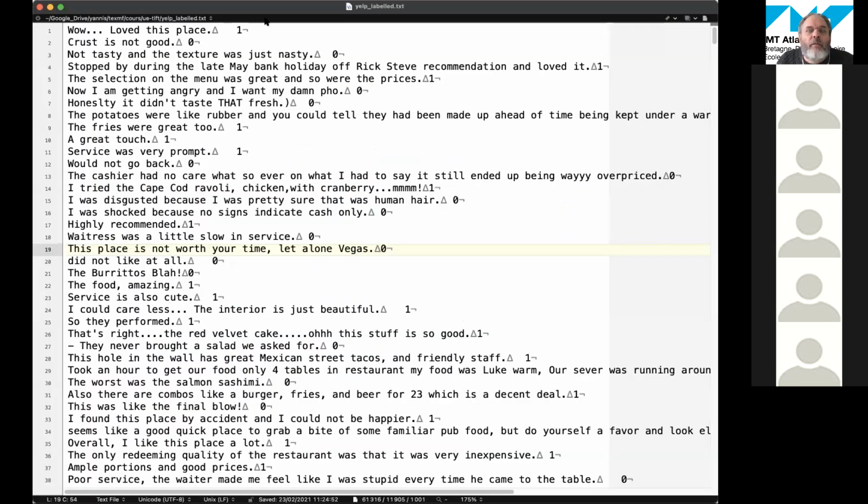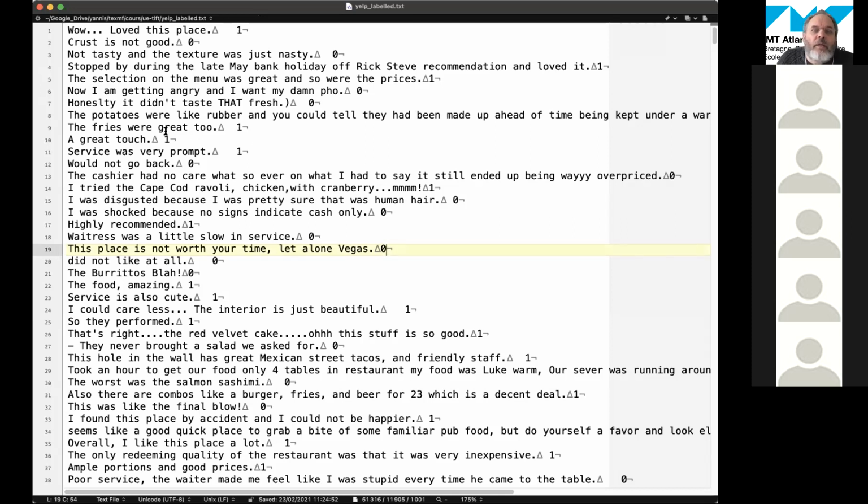And on Moodle, I also have the URL where you can find this data set. You see, these are sentences. They are opinions of users about, I guess, restaurants. They mention potatoes and burritos and waitresses. So it's about restaurants.